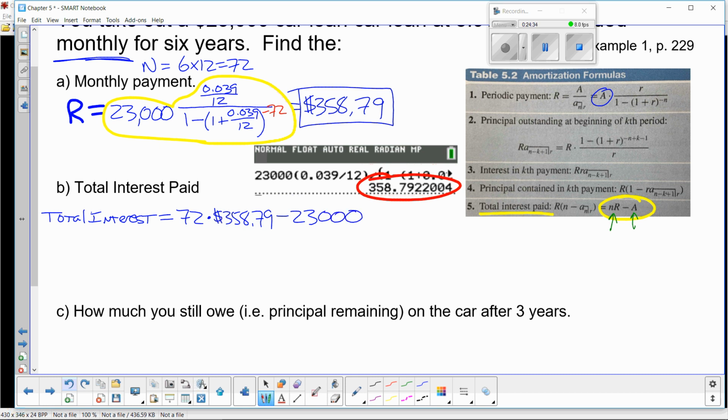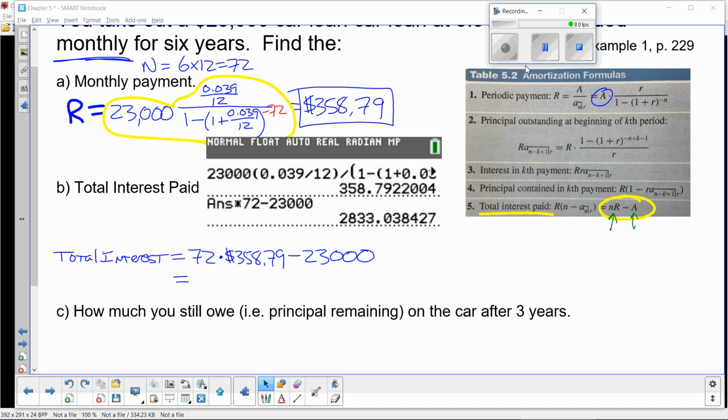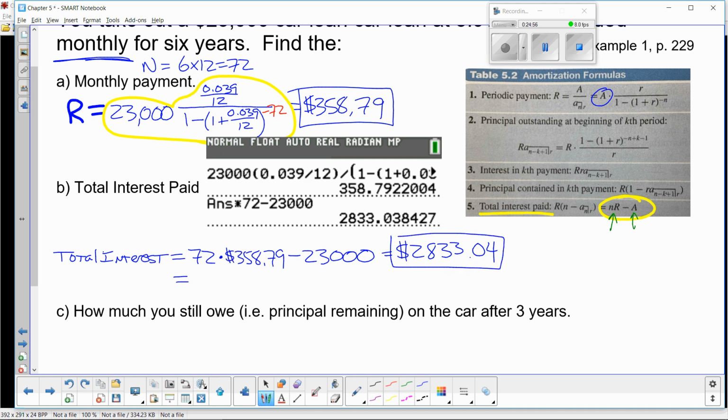That difference is my total interest paid. And you see that comes to $2,833.04. Always round to the nearest penny. So that is that figure, and this is this figure.